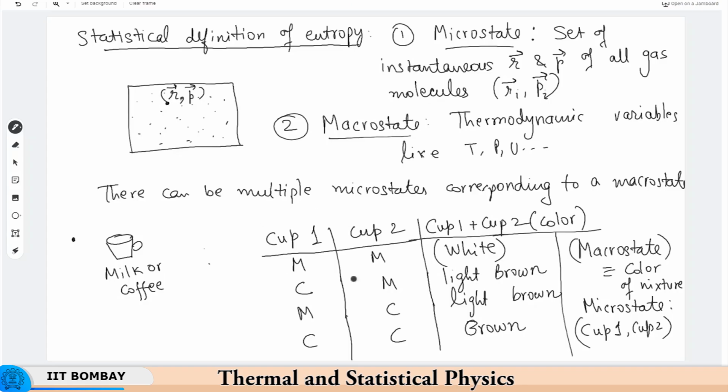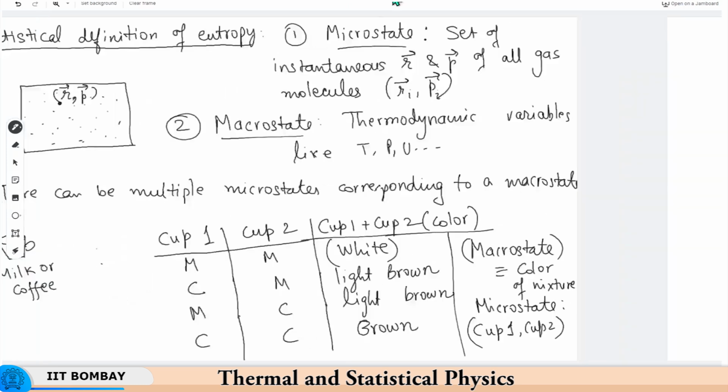Okay. So now I will extend this analogy into a more mathematical formulation. Let us say we have two systems. This is system 1, this is system 2.